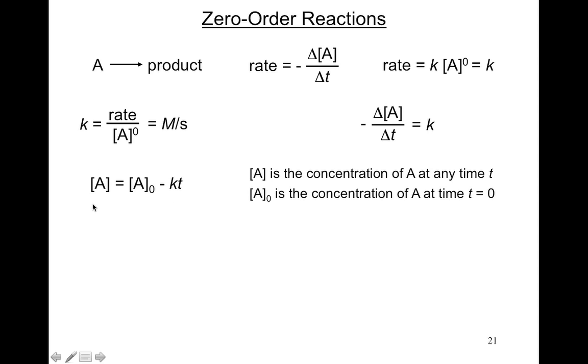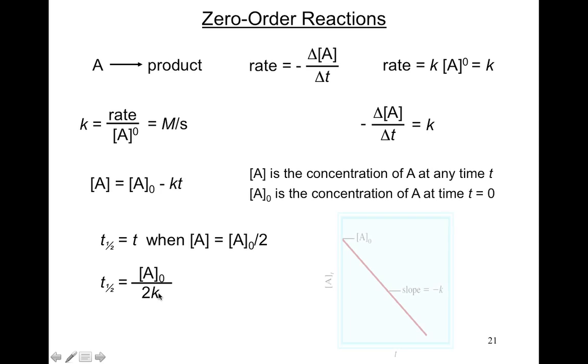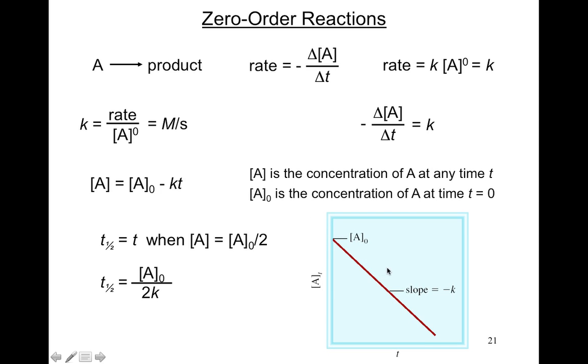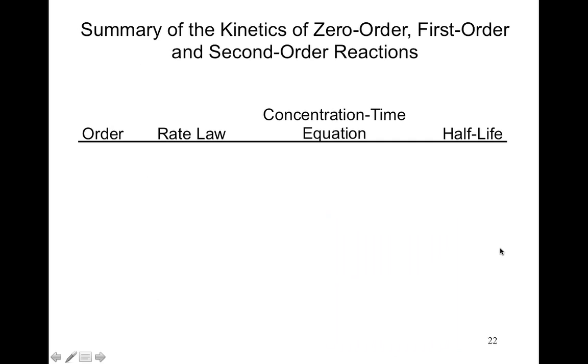And we'll work with all of these in class. And so t1/2 would be [A]0, our initial concentration of A, divided by 2k, our rate constant. And the graph's a little different for zero order reactions.